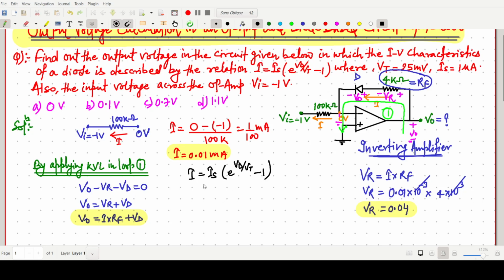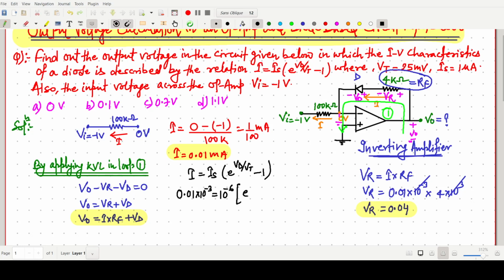Okay, now from this diode equation, I value is given, 0.01 milliampere. So, better to write 10 to power minus 3. Is value is also given, Is is 1 microampere, so we can write 10 to power minus 6.